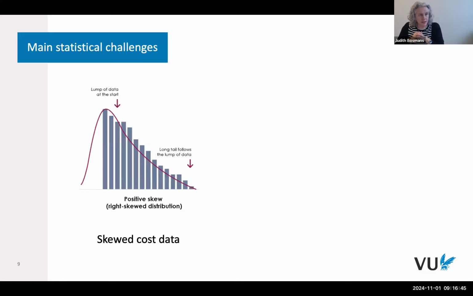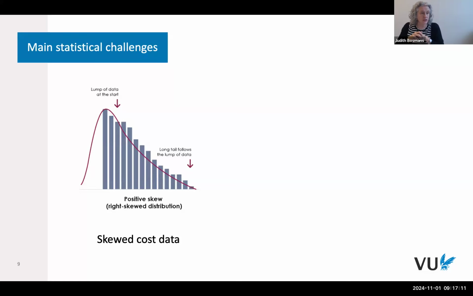What we often see is that only few patients will have very high costs, and the majority of participants in our trial has relatively low cost. So you will see that there is a tail towards the right end of the distribution.